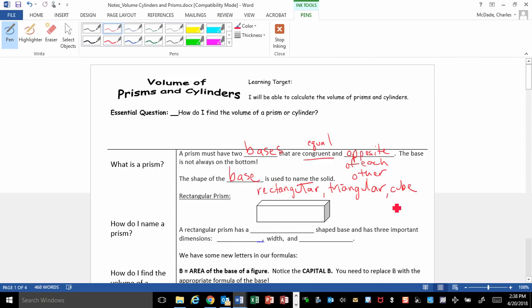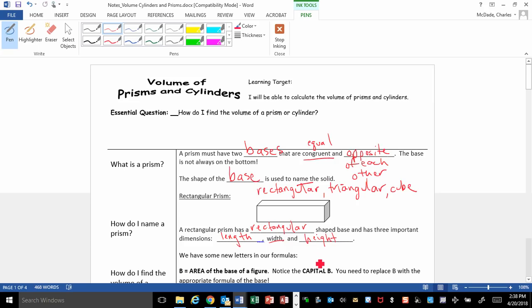So a rectangular prism has a rectangular shaped base, and the three dimensions that are important are going to be length, width, and the last one would be height.